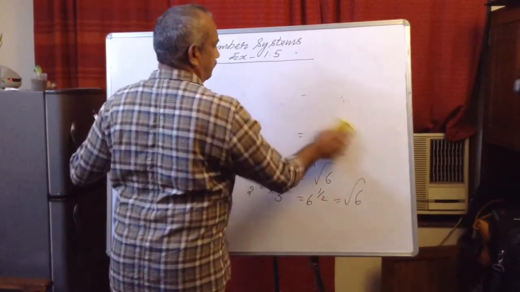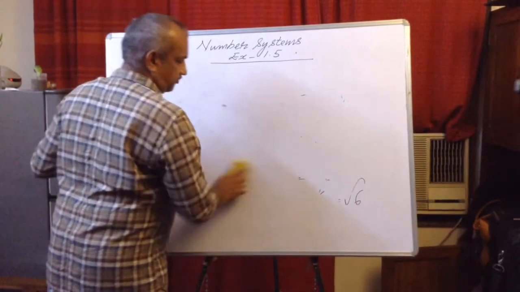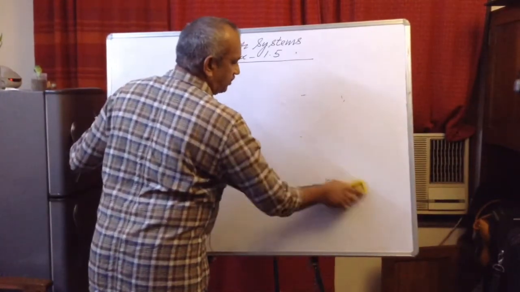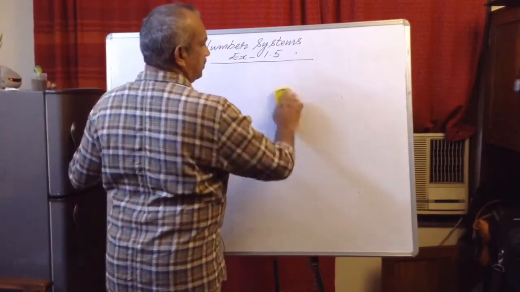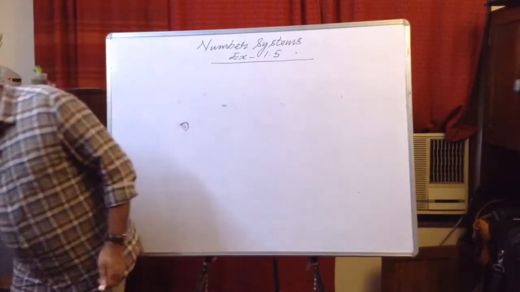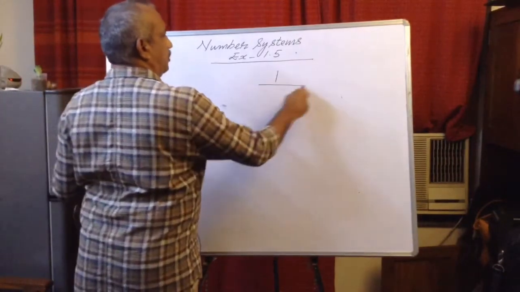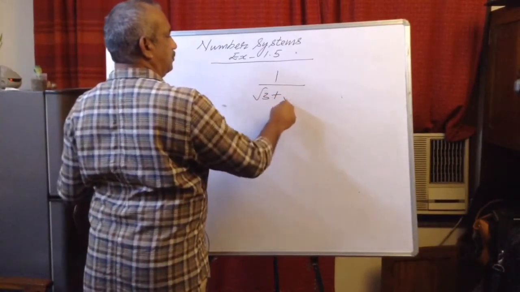See, when we simplify expressions involving root sign, if there is a root sign in the denominator, it is difficult to find the value. I'll tell you one more example. Say 1 upon root 3 plus root 2.